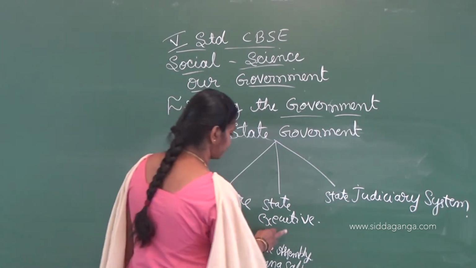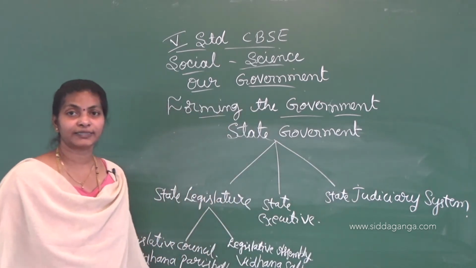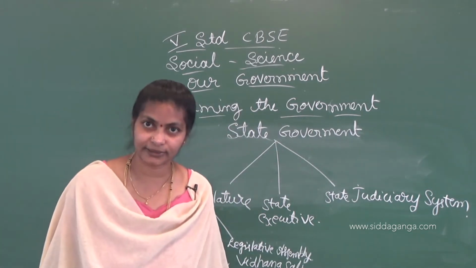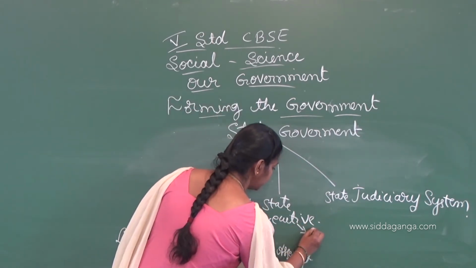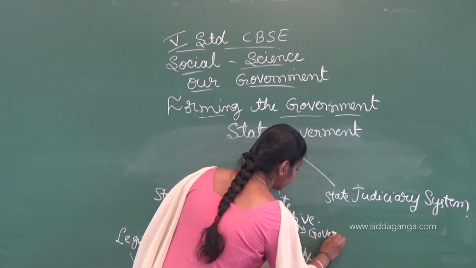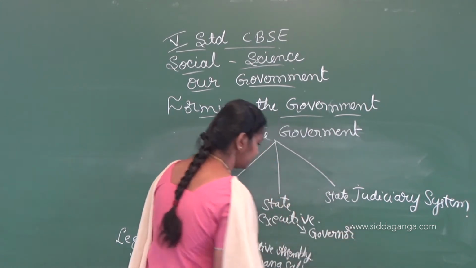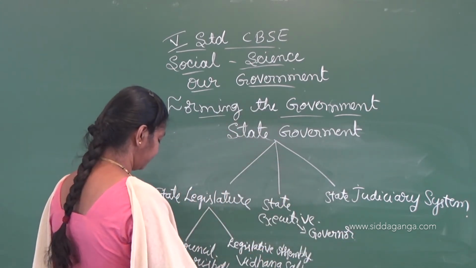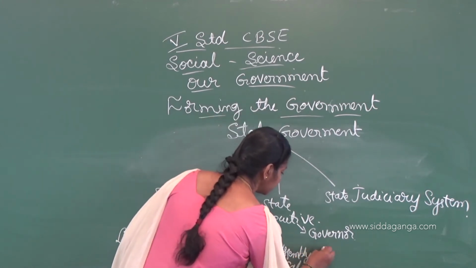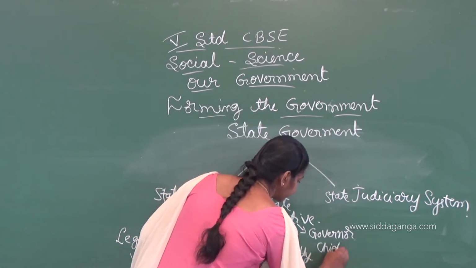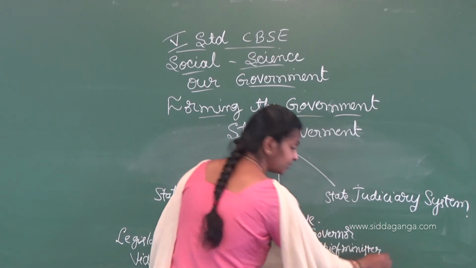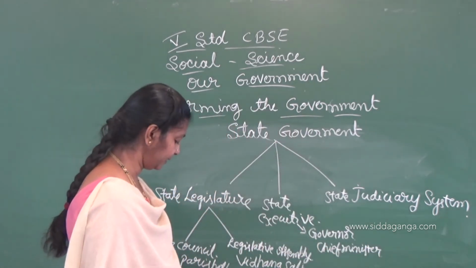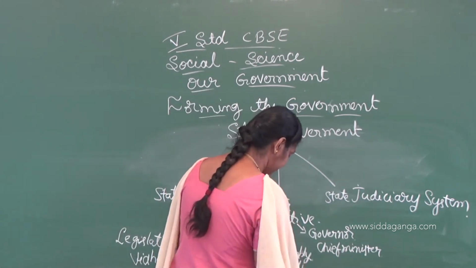Okay, next the state executive. The state executive consists of the governor of the state, the chief minister, and the council of ministers.